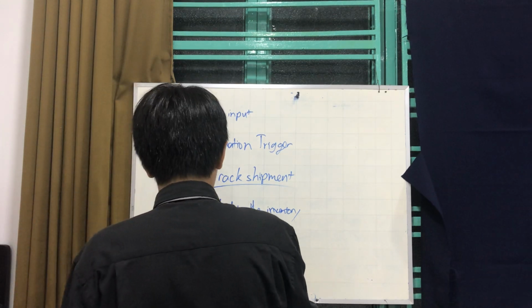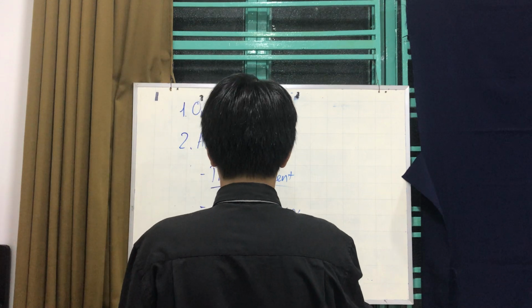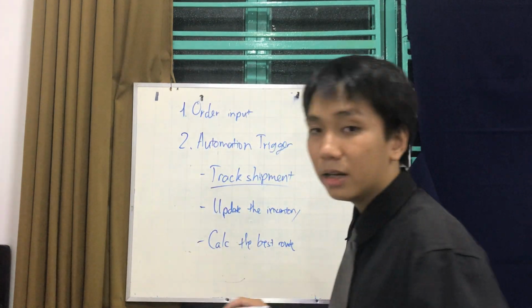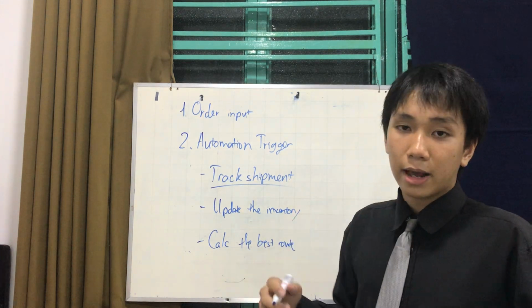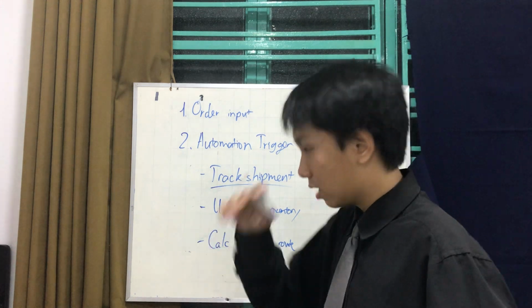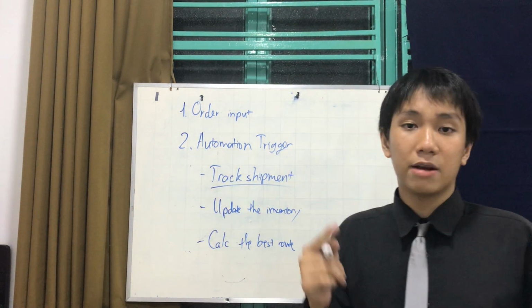Calculate the best route. So we will calculate the best route for the delivery man. Very helpful to have the fastest delivery time. Do you know why faster time is beneficial?